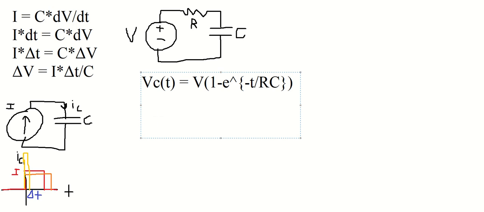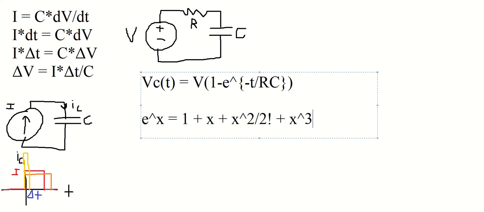Right, so we always have that e to the x equals 1 plus x plus x squared over 2 factorial plus x cubed over 3 factorial, etc., on to infinity with infinitely many terms. So what if here x equals minus t over RC?